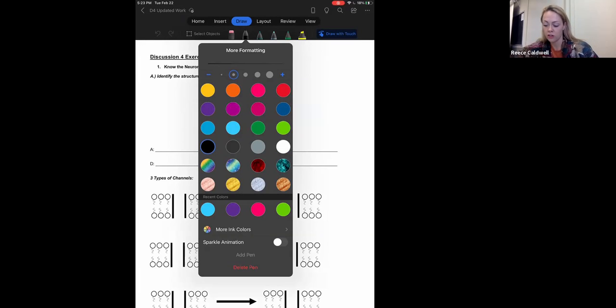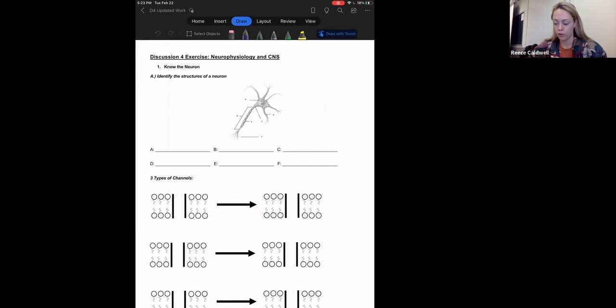So feel free to color code along with me, but definitely don't feel pressure if you do not have colored pencils or pens. All right, so this first part of the discussion worksheet, we're doing some anatomy actually. So we're looking at the structures of a neuron. After this, we'll hop into the actual physiology, but I wanted to start with some anatomy first.